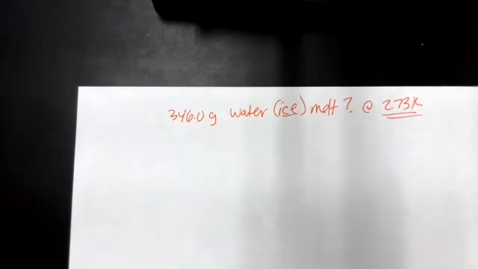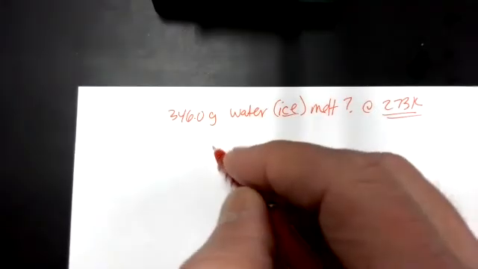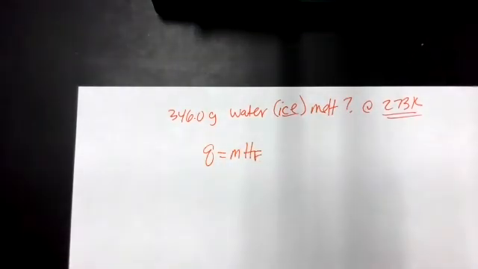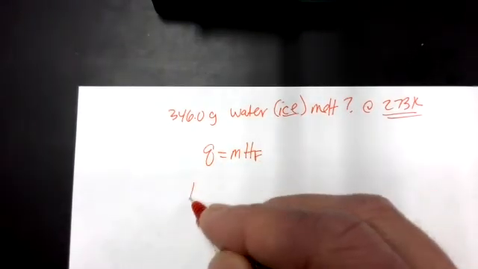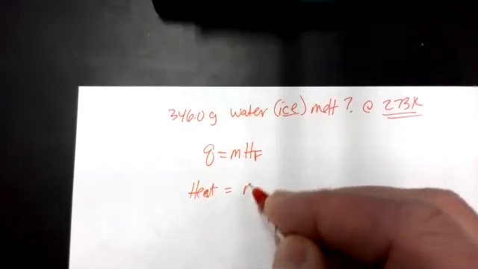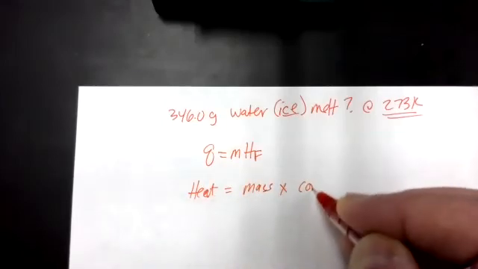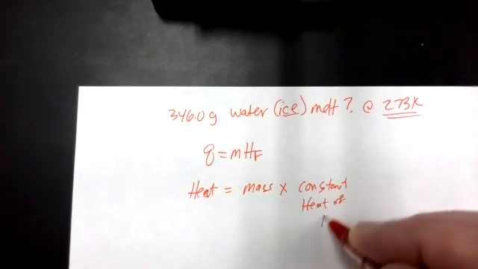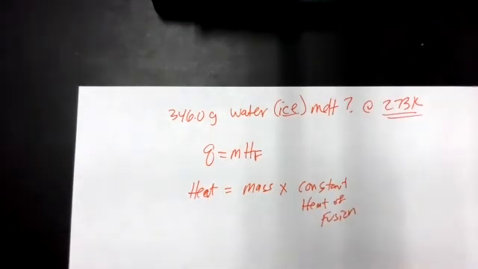The formula that we're going to use for this is Q equals mH of F. The heat is going to equal the mass times a constant called the heat of fusion. Now, the heat of fusion constant is the amount of energy it takes to melt 1 gram of a substance. And for water, that number happens to be 334 joules per gram.